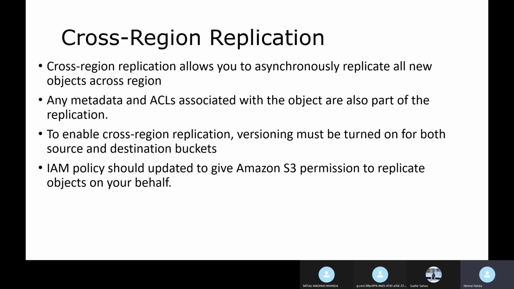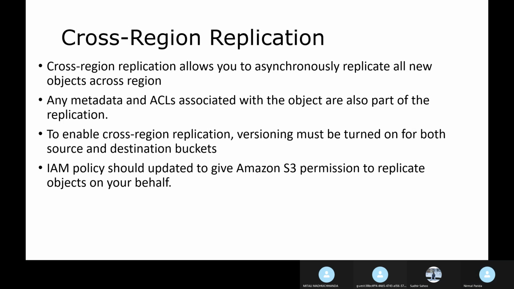Many people may ask, why do I need cross region? My bucket is there, so anyone can access my bucket if I give the permission. So why do I need cross region replication? Because suppose you are a developer in USA and your company is in USA, and now maybe some of your clients are in Japan. If the Japan people access the bucket from the USA, that can be slow, right?